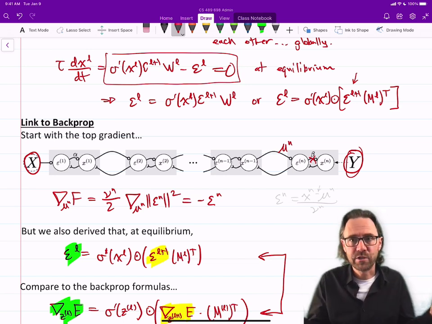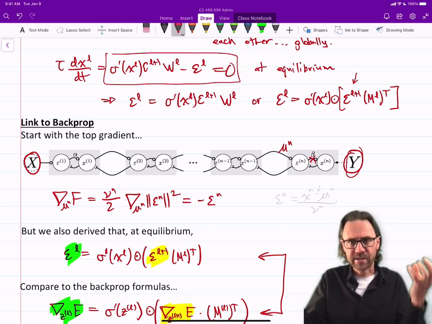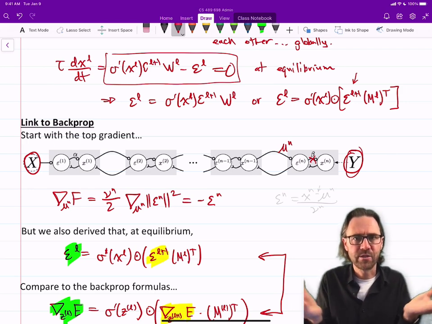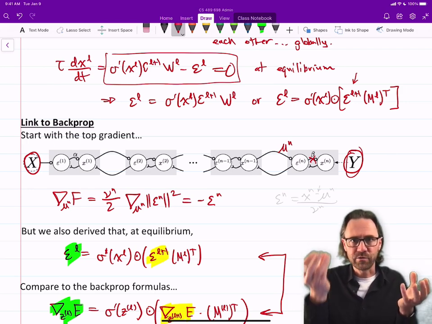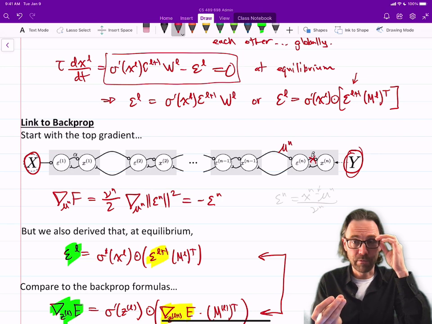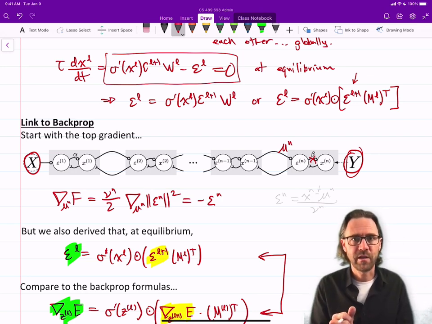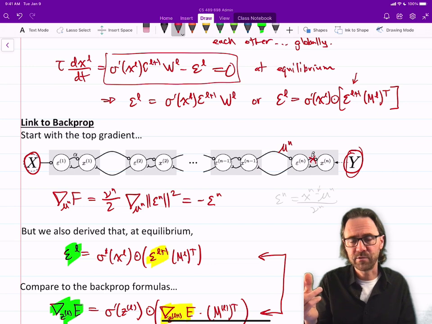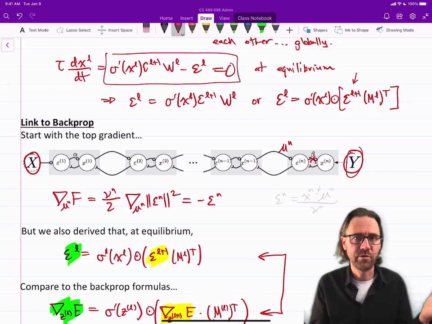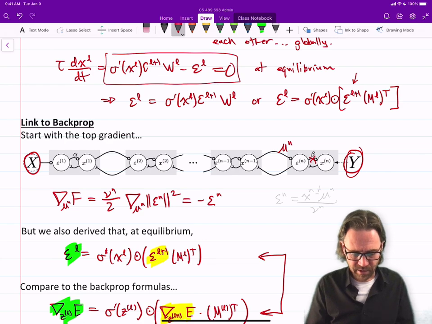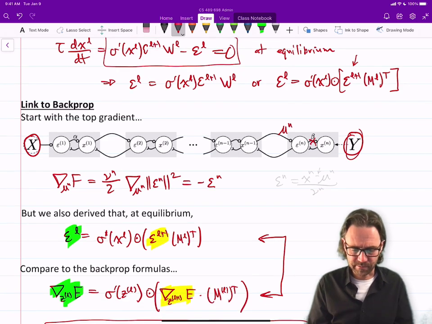And in the end, what you want, in a trained network, when you fix the X and Y on both sides, when that network relaxes to equilibrium, those error nodes go to 0. And that epsilon equals 0 is part of the equilibrium solution. And when those epsilons are 0, then you have no more updates to your weights and biases, because epsilon is one of the things in your learning rule for your weights and biases.